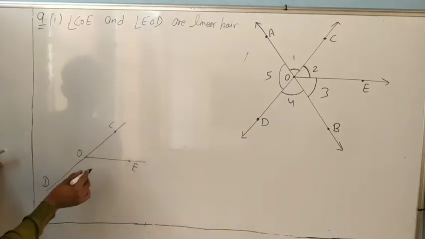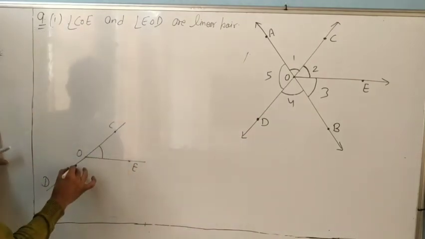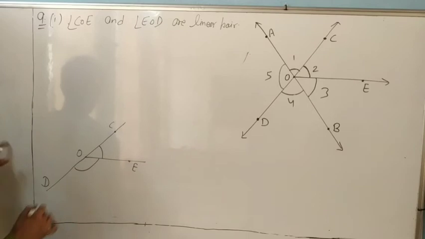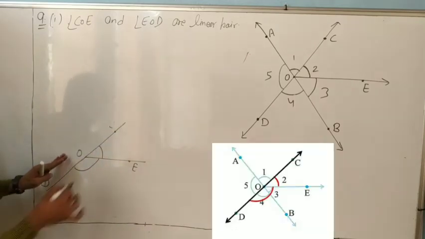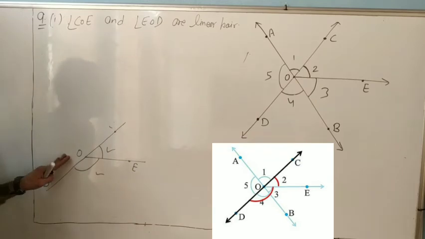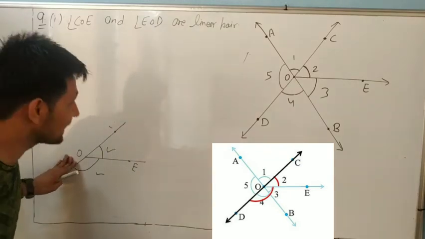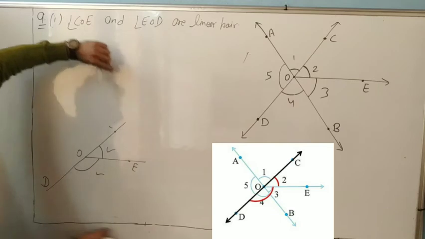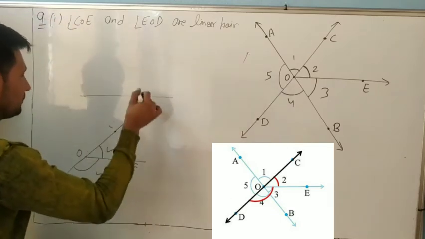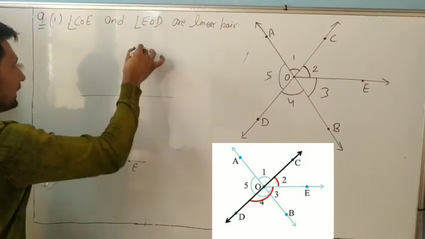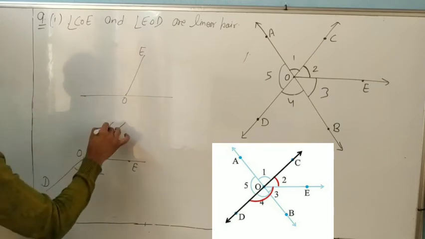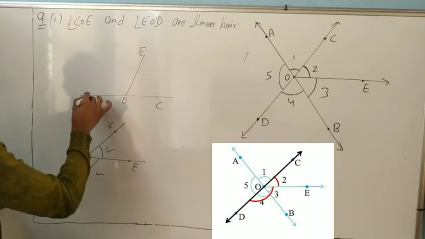It is D, and next this angle and this angle, they are linear pair. Yes, dear, because it is a straight line, and this angle is an adjacent angle. You can rotate it like this one. It is O, it is E, and one side C and one side D.